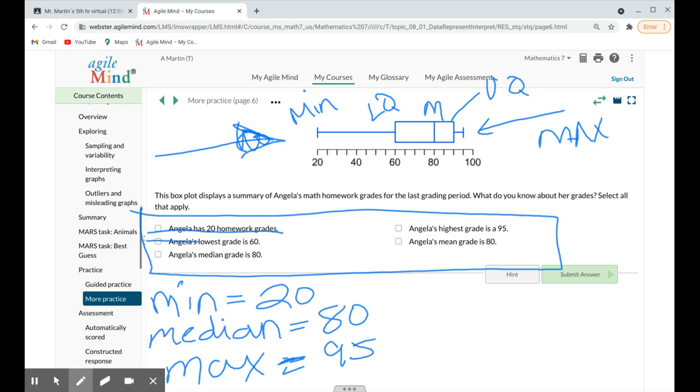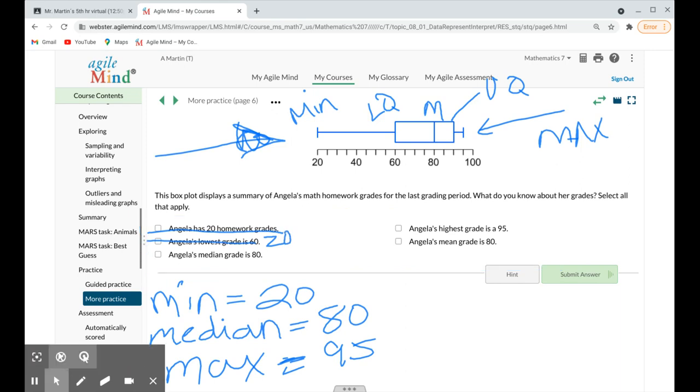No, it's actually a 20. That's what you said a while ago. Angela's median grade is an 80? True. Good. Angela's highest grade that she ever scored was a 95. True. It is true because it counts by fives.